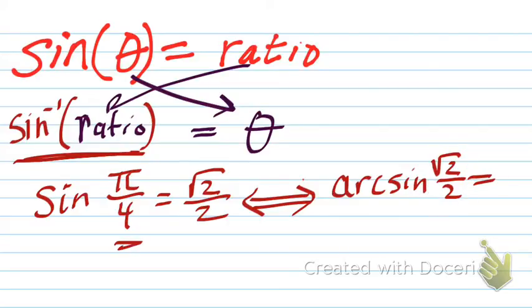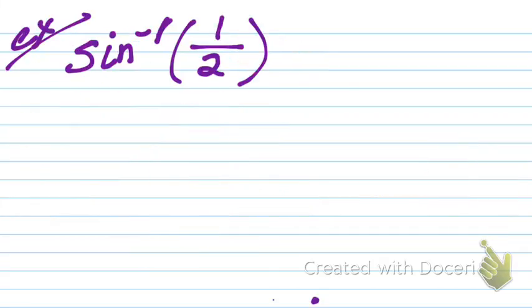Well, as we can see here, that would be pi/4. Okay, so arc sine, arc cosine, arc tangent, and so on are asking what angle has this number as its sine, cosine, or tangent? Okay? Now let's do a couple of examples.